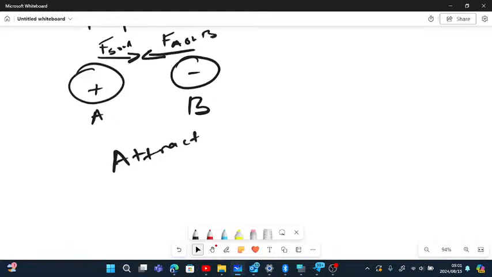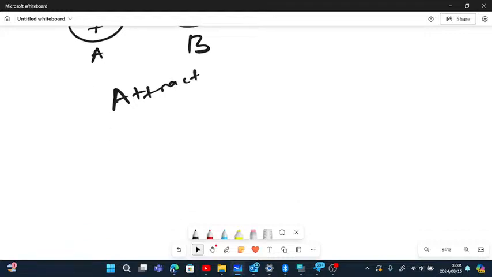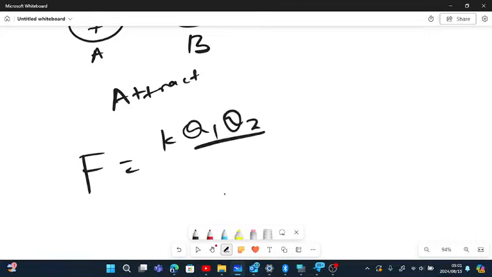This is what we actually mean: the force is directly proportional to Q1 multiplied by Q2, all divided by R squared. And this is the mathematical representation.